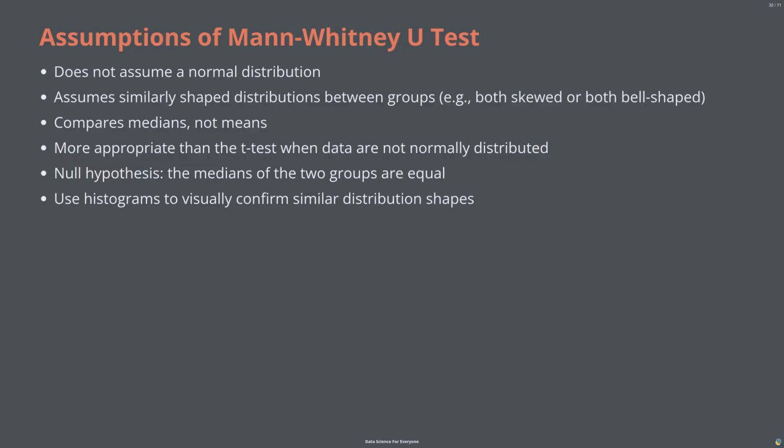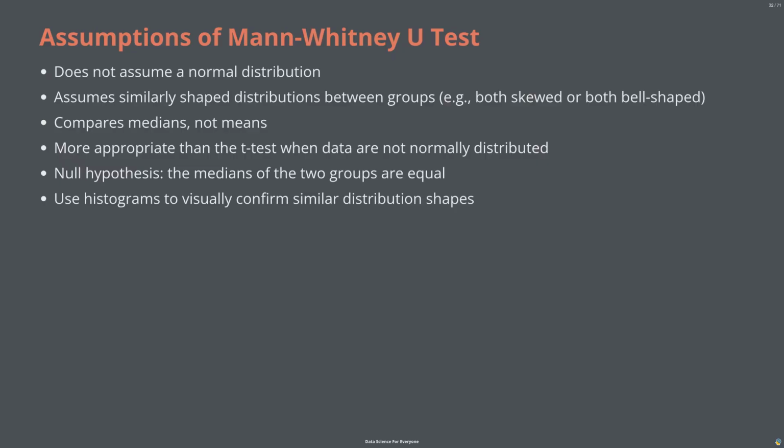That's important because in non-normal distributions, the median gives a more accurate picture than the mean. If our data were normally distributed, the t-test would be more powerful. But when normality is not present, the Mann-Whitney U test becomes a better choice. Its null hypothesis states that the medians of the two groups are equal.